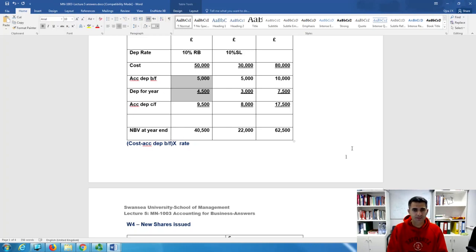Right. Now the net book value, the NBV, equals the cost minus accumulated depreciation carried forward. Right?